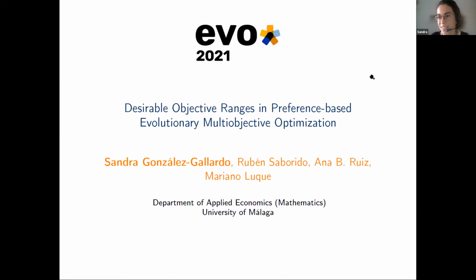Okay. So first of all, thank you for your presentation and congratulations for your work. Let me see if I understood it correctly, because it was a lot of information. Just to make it clear, the decision maker is the one who defines the reference point, right? Yes.